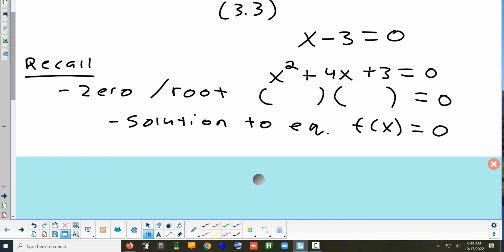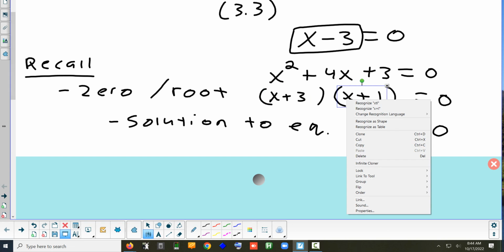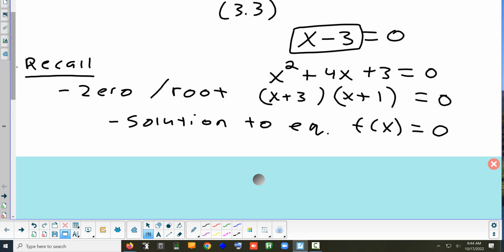And if you can factor it, you're basically going to end up with two things that look something like that. Two simpler problems. So in this case, x plus 3 and x plus 1. That's how that would factor. Now, it's very easy to find the roots. Negative 3 would be the first root. Negative 1 would be the second root. Right? So factoring made it a lot easier to find them.